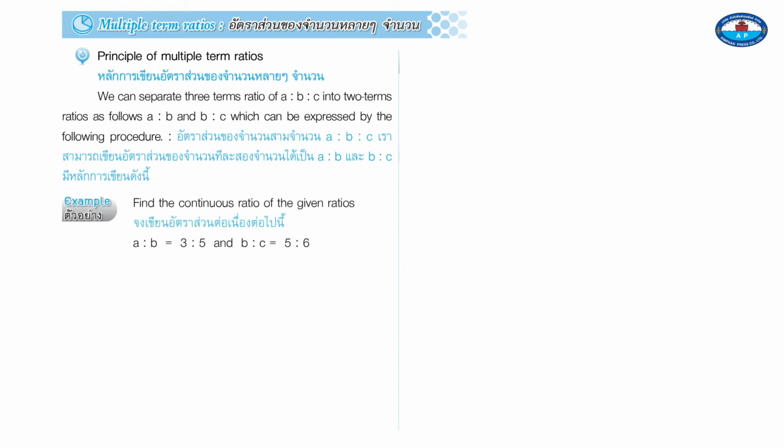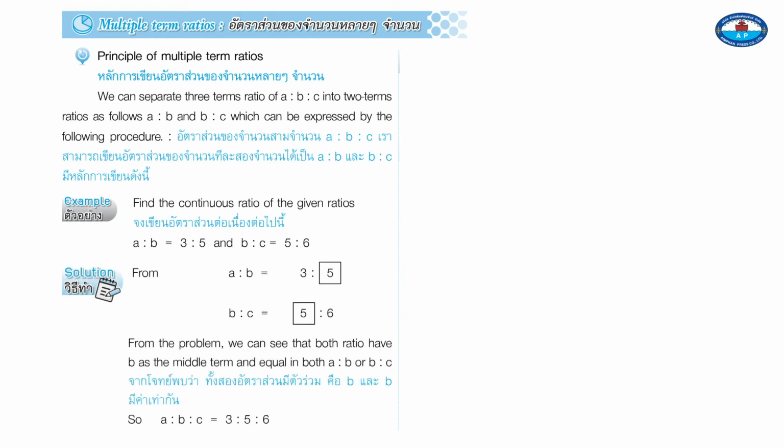Example: find the continuous ratio of the given ratios. A:B equals 3:5 and B:C equals 5:6.